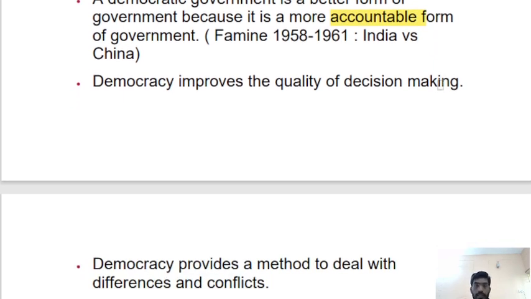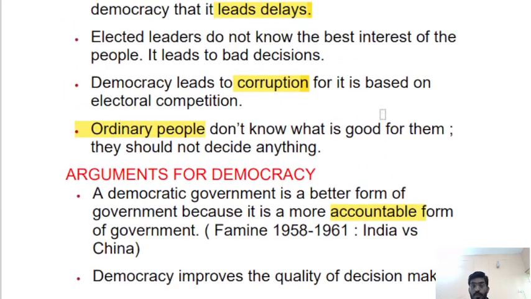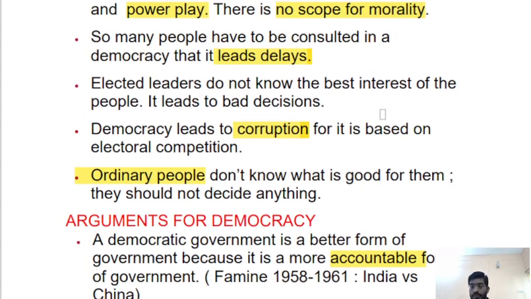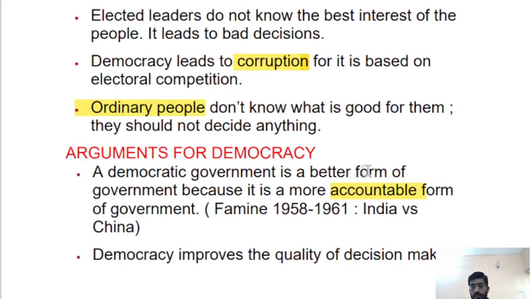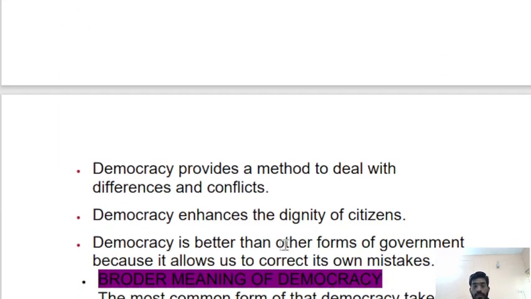Okay, right. The next one: here in demerits we discussed that they are taking so much time to decide something. Okay, here we are discussing that they are taking time, but they are coming out with good quality decisions. Yeah, quality of decisions. Okay, right.